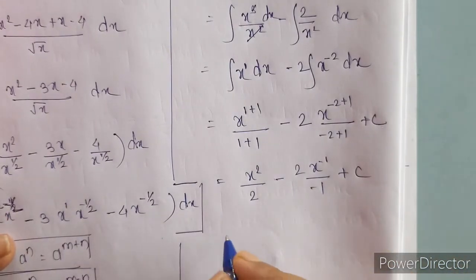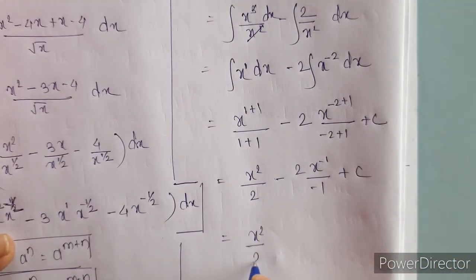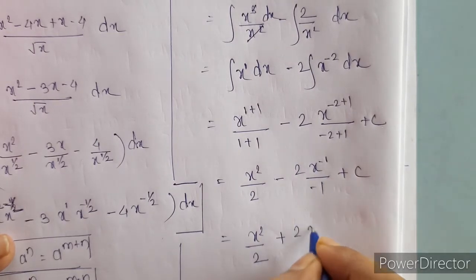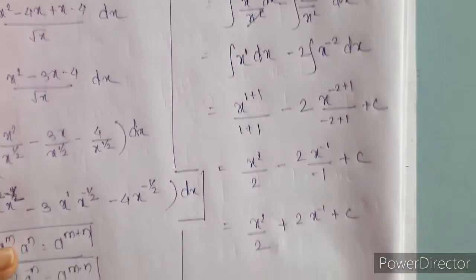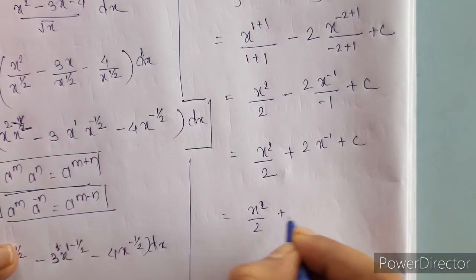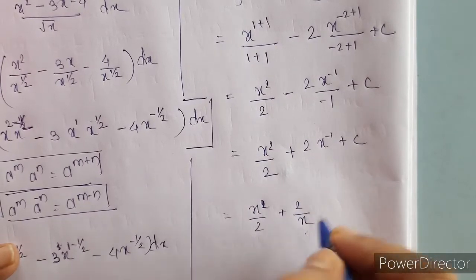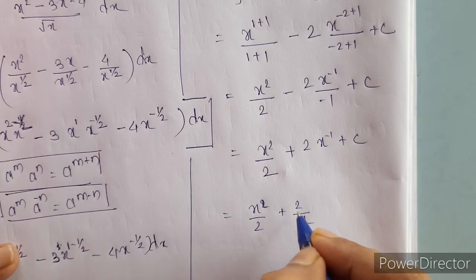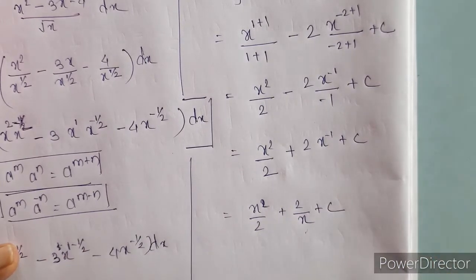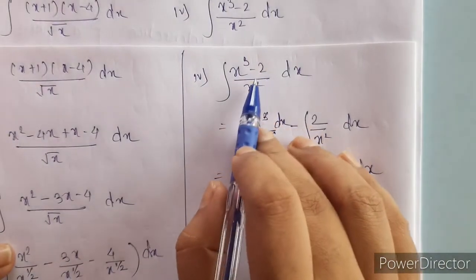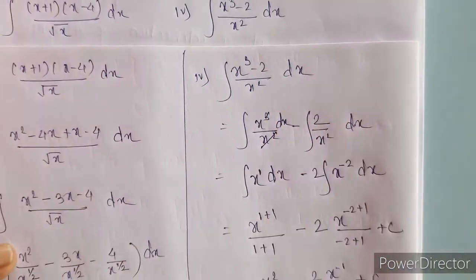Now this minus minus can be written as plus, so we can write x square by 2 plus 2 times x inverse plus c, or we can write this as x square by 2 plus 2 by x plus c. So this is the integral of the function x cube minus 2 by x square.